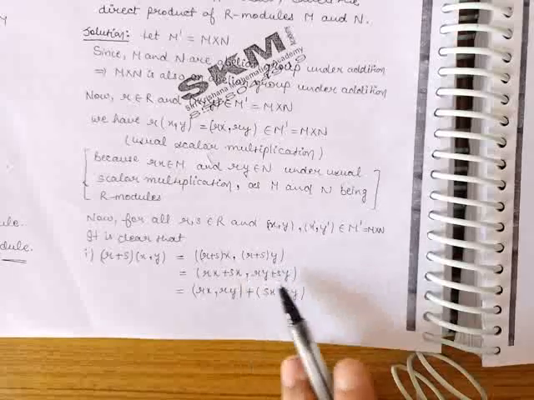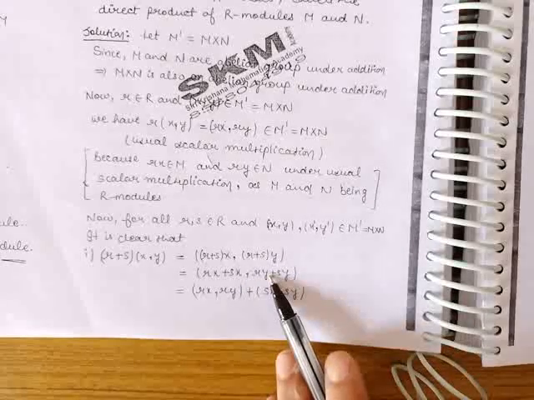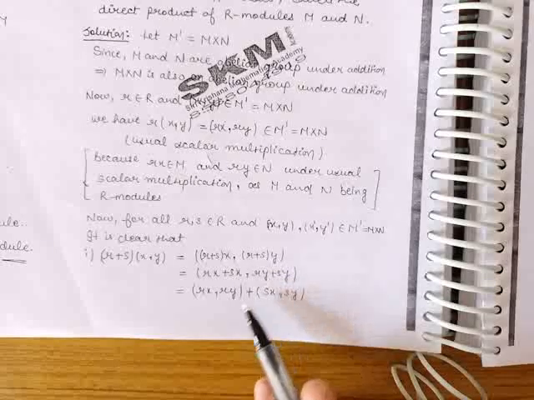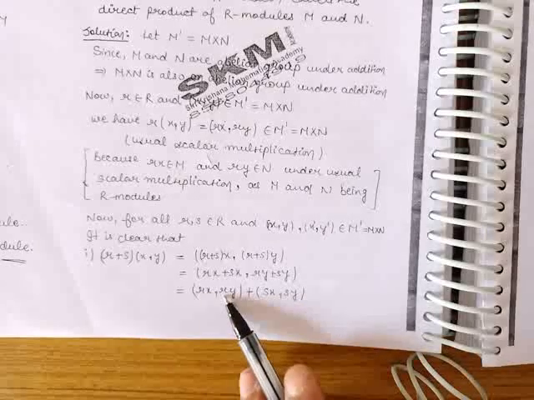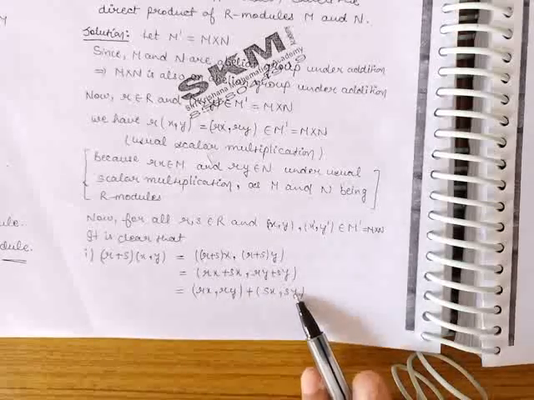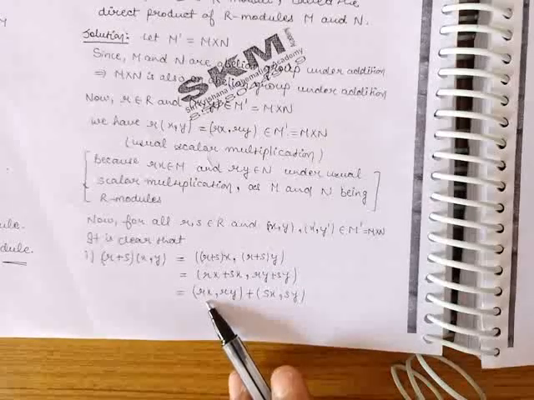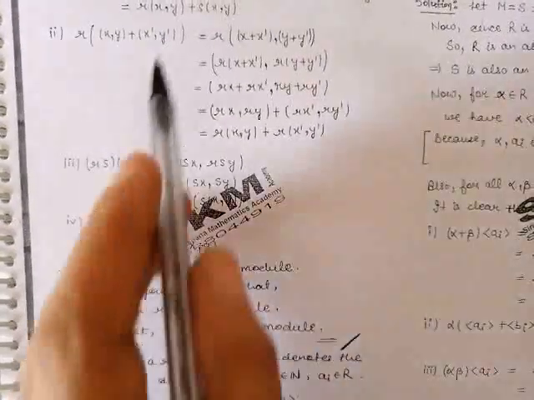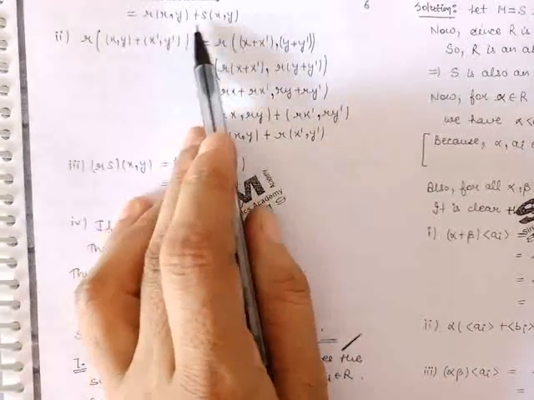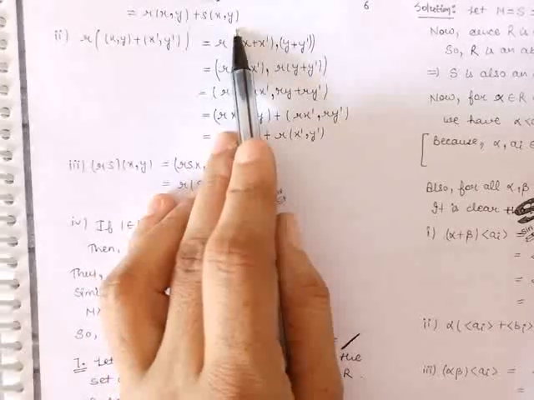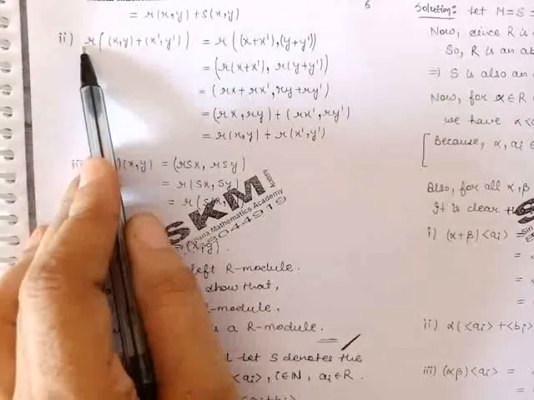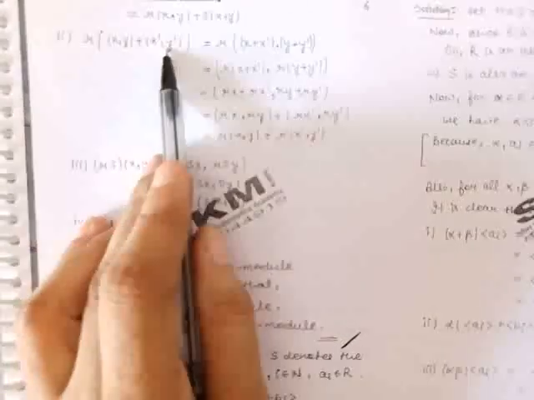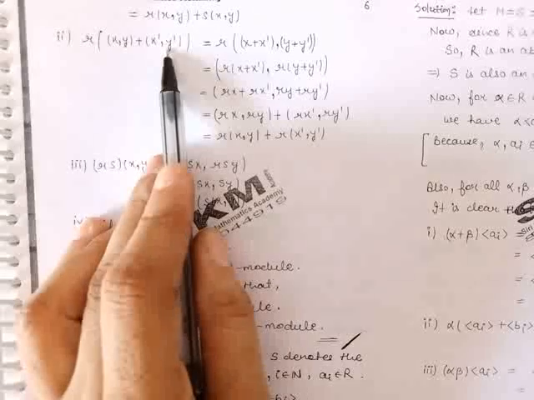By definition of addition, this is the sum of the ordered pairs formed by rx and ry, and sx and sy. Again, by definition of scalar multiplication, this is r into the ordered pair (x, y) plus s into the ordered pair (x, y). Our condition is satisfied.